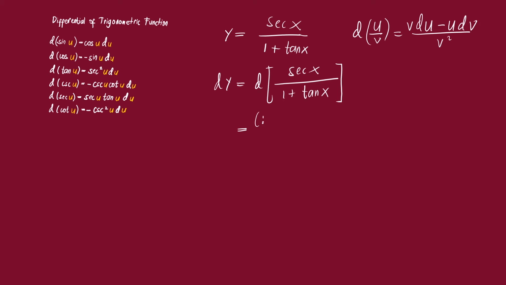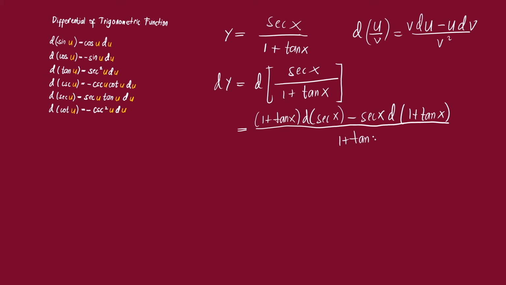So you will have 1 plus tangent x derivative of secant x minus secant x derivative of 1 plus tangent x. Yan. All over, oops, parang masubrang yung ano ko, mean division line. All over 1 plus tangent x squared.